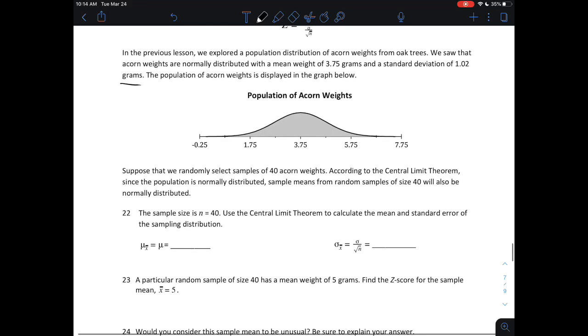So first of all, mu sub x bar, the mean of sample means, is equal to the population mean. The mean was 3.75 in the paragraph above. And then for sigma sub x bar, that's equal to the population standard deviation sigma, which we were given as 1.02. And then we have to divide that by the square root of the sample size, which is 40.